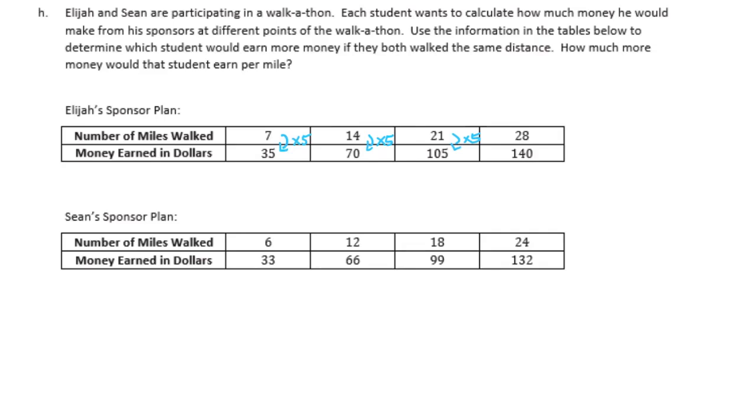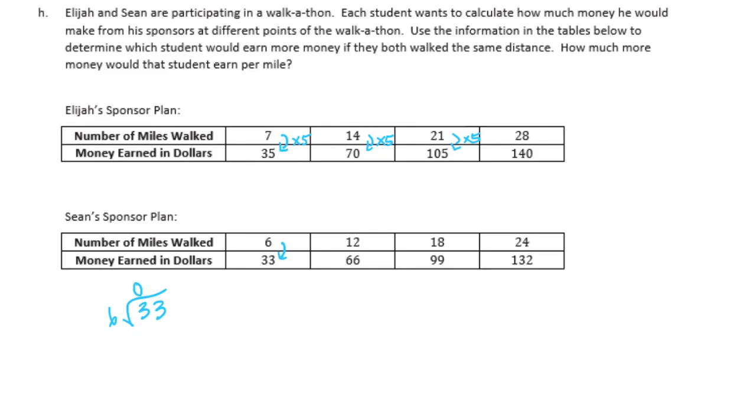So Sean's sponsor plan, if he walks 6 miles, he gets $33, 12 miles, $66, 18 miles, $99, and 24 miles, $132. There's nothing I can think of that if we multiply 6 by, we'll get 33. So I'm going to divide. So 6 goes into 3 0 times.